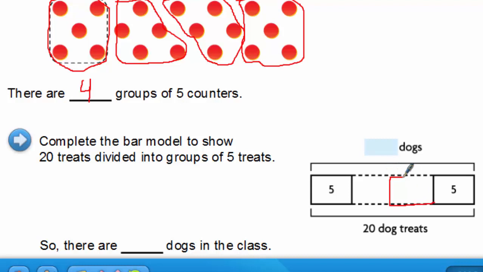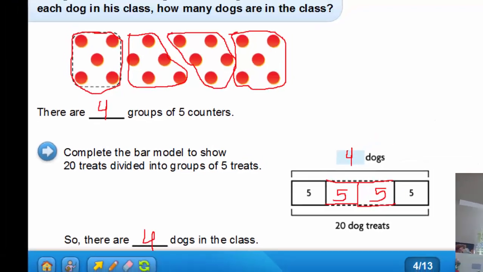I'm going to add 2 more boxes down here. Because if we have 20 treats and they each get 5 treats, that would be how many dogs? 4 dogs. So there must be 4 dogs in his class. That's 2 different ways to use the bar model to solve division.